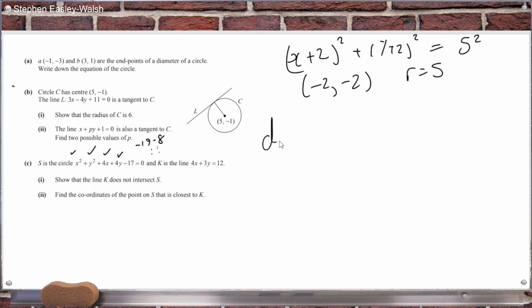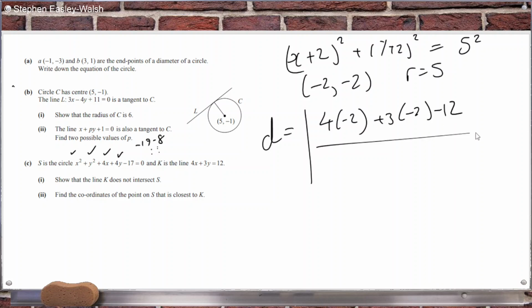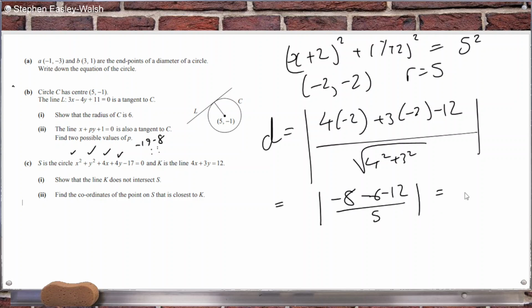So the perpendicular distance would be modulus of 4 times minus 2 plus 3 times minus 2 minus 12, over square root 4 squared plus 3 squared. Thank you very much. That's nice. That's modulus of minus 8 minus 6 minus 12 over 5. That's minus 26, so 26 over 5.